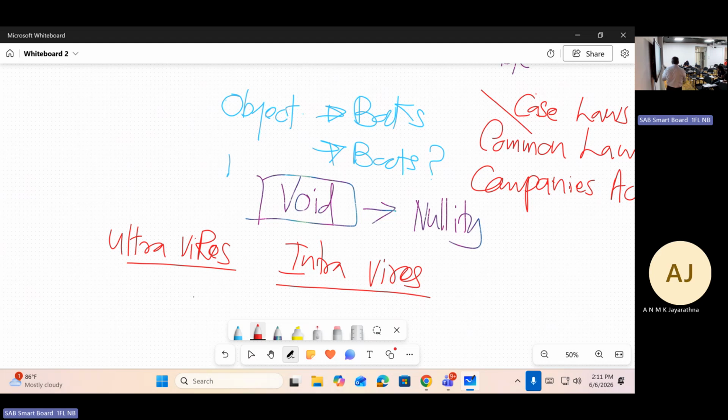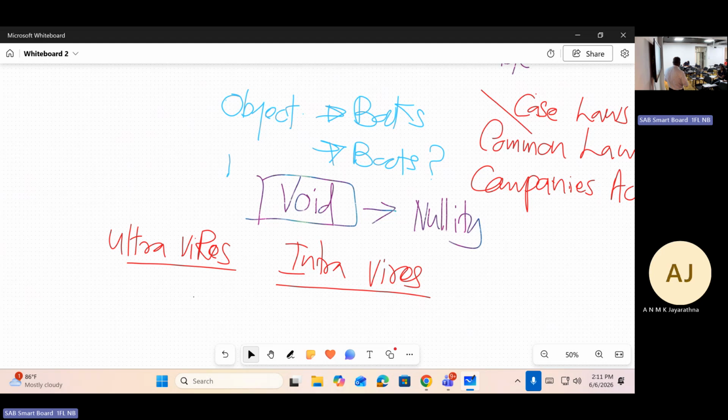Ultra vires transactions are void transactions. Therefore, no party can seek any relief, like damages, if it is an ultra vires transaction. Why was this ultra vires concept introduced in this case, Ashbury versus Riche?